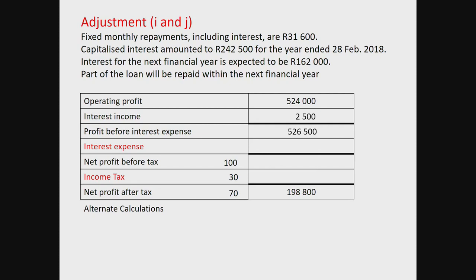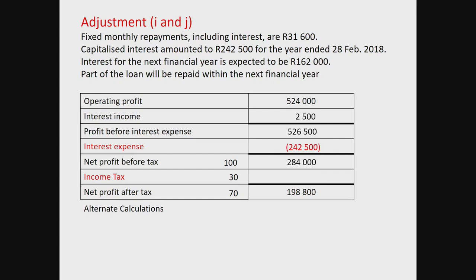And they're giving us the interest expense, so we can write the interest expense figure in just like that. Okay, because it's 526,500 minus the interest expense, which will give you the net profit of 284,000.